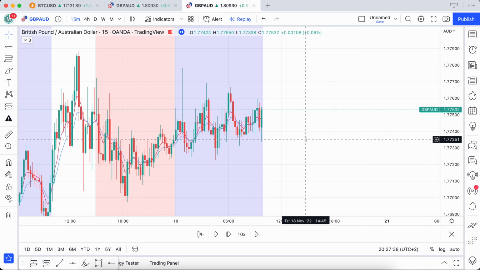I'm not going to go super deep into explaining all of the four scenarios that you are able to use to enter the market: the London Asian high rejection or breakout, or Asian low rejection or breakout.